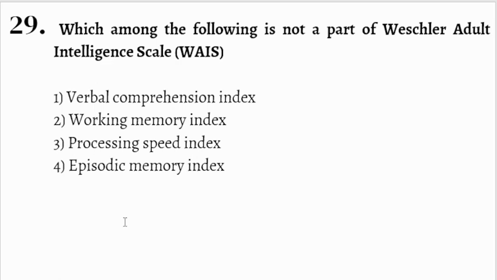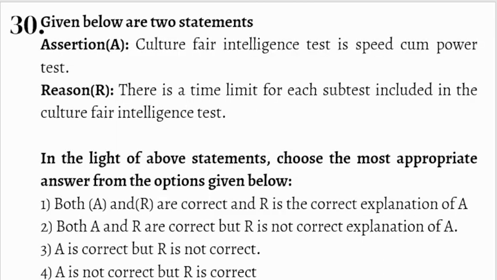Okay, so the Wechsler Adult Intelligence Scale will have verbal comprehension index and working memory index, which are responsible for our IQ, all of them. Processing speed is also responsible for our IQ. No, episodic memory is not. So here 4 is going to be our correct answer. The question asks which of the following is not a part, so 4th is the correct answer here. There are various indexes which Wechsler Adult Intelligence Scale measures.